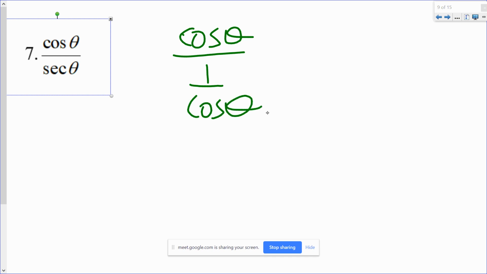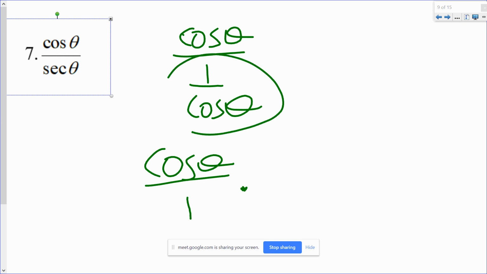Now, here's the big question: do you remember how to divide fractions? We did it earlier this year, and you did it back in 7th grade and pretty much every year in between. To divide fractions, we multiply by the reciprocal. So it's cosine theta over 1 times, and then we flip the fraction that we're dividing by.